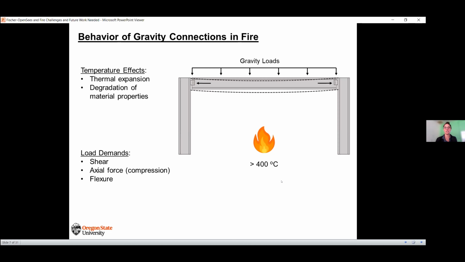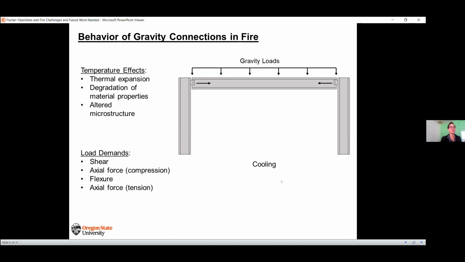Eventually we will consume all the fuel in our compartment and our fire will begin to decay. The steel material properties will begin to reduce and we will have thermal contraction, putting tensile forces into these connections during the cooling phase.